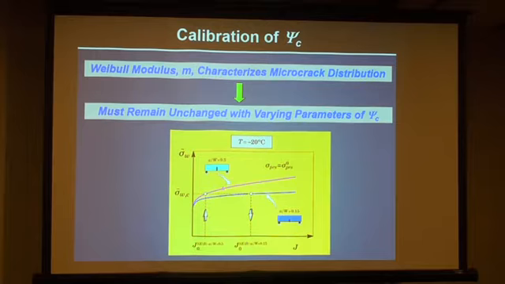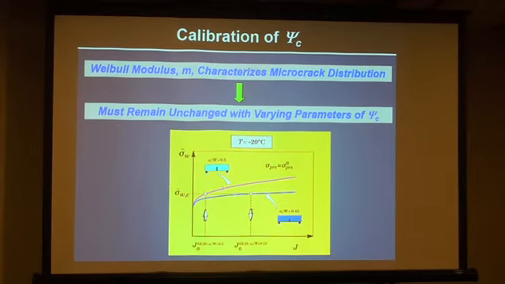So first, after we calibrate the Weibull modulus, we then can calibrate the plastic strain function by assuming that the Weibull modulus remains unchanged with the different parameters for the plastic strain function. This is reasonable because when there is no plastic strain effect, the model should bring the same prediction as the Beremin model.